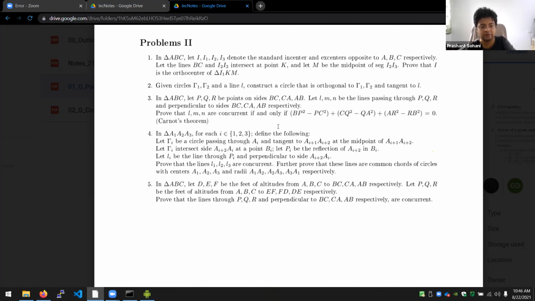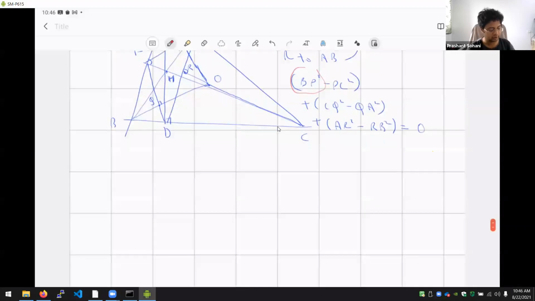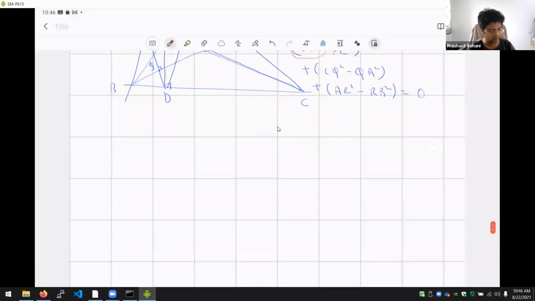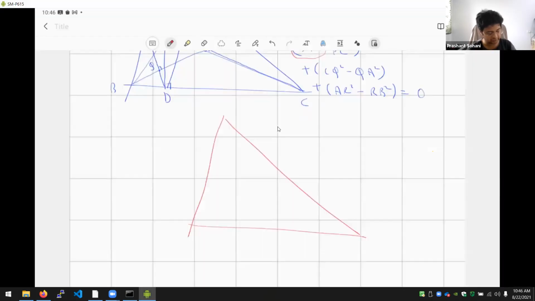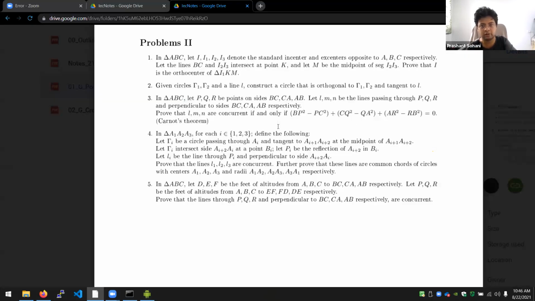So let me again illustrate what is Carnot's theorem. What Carnot's theorem says is that it's actually a very nice result, that if you have a triangle and you have any points here, oh okay, I understand. Actually, there is a small gap in what I've given in the sheet as Carnot's theorem.